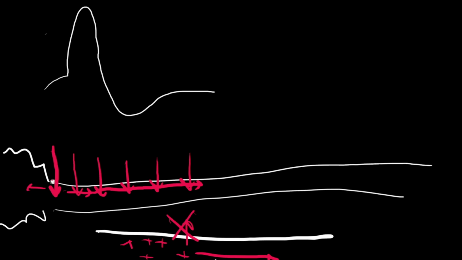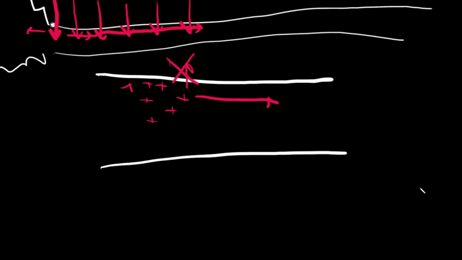One other way, thanks to evolution, that we can have an increase in velocity is by myelinating, by putting something called myelin sheaths around a membrane.